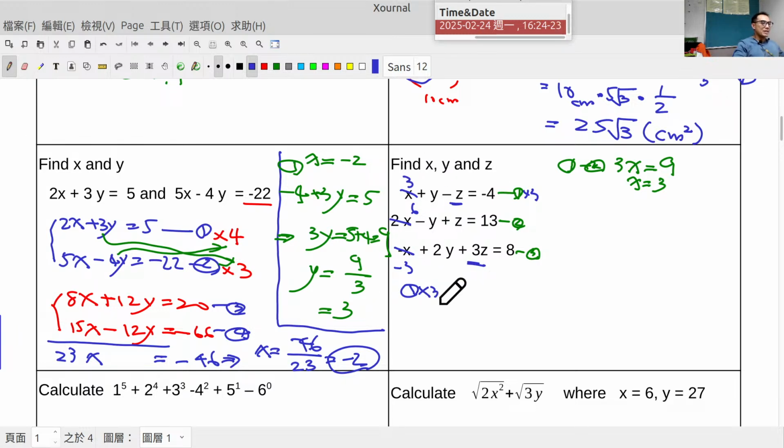I was going step by step, sorry. Equation number 1 becomes y minus z equals minus 4, and plus 3 moves to the opposite side, becoming minus 3. Then here is minus 7.